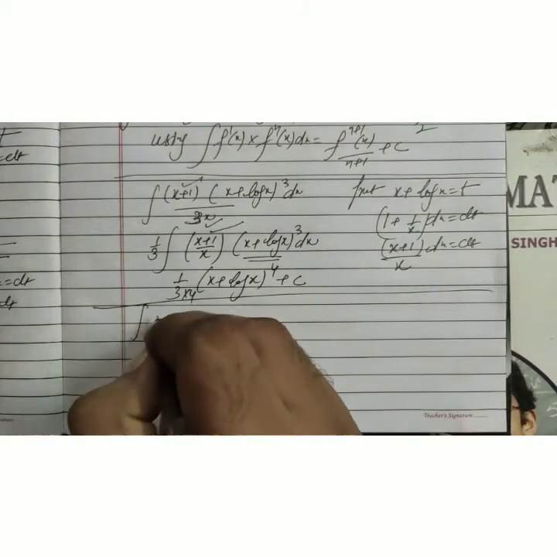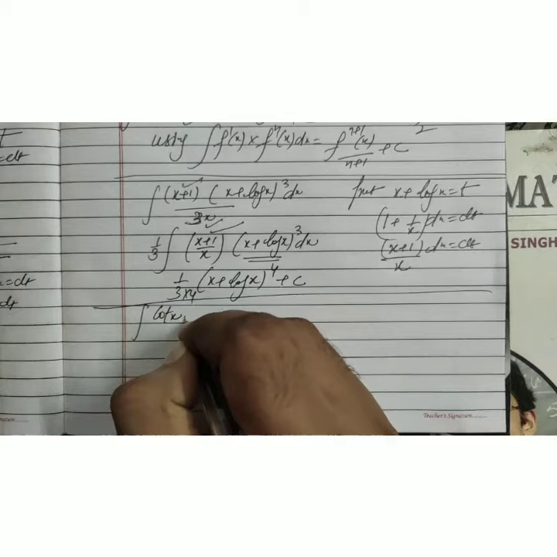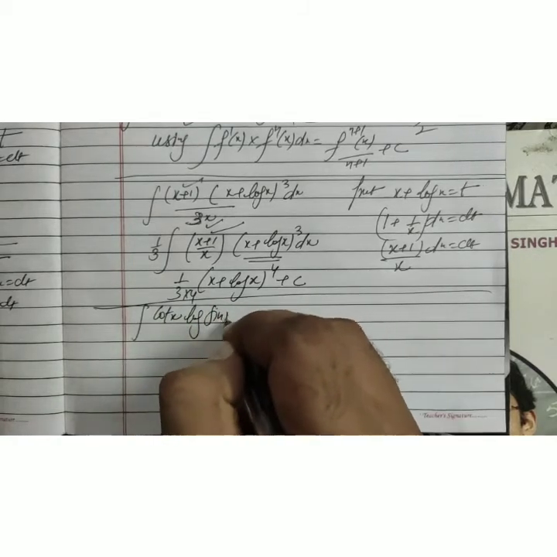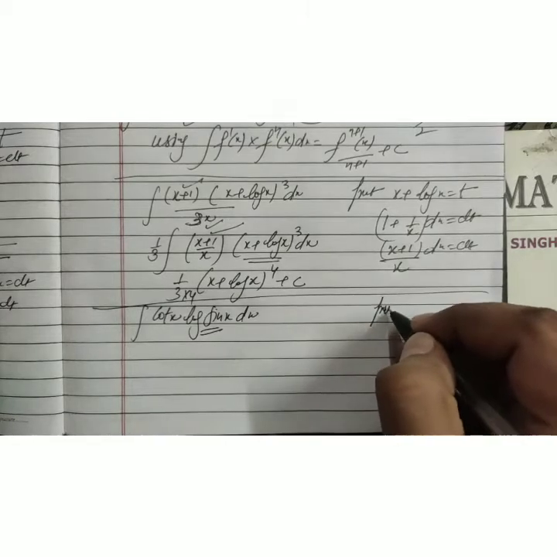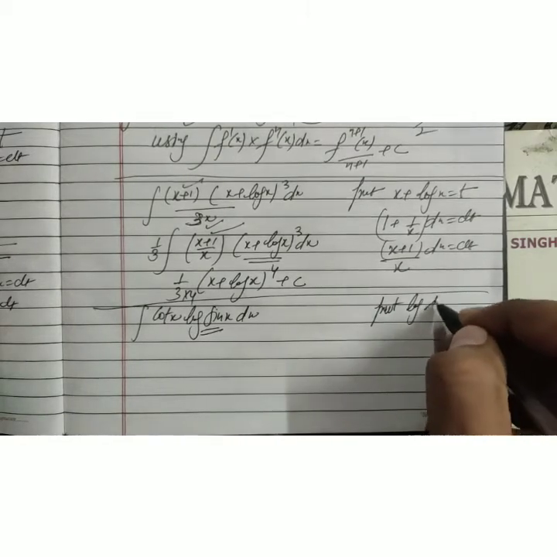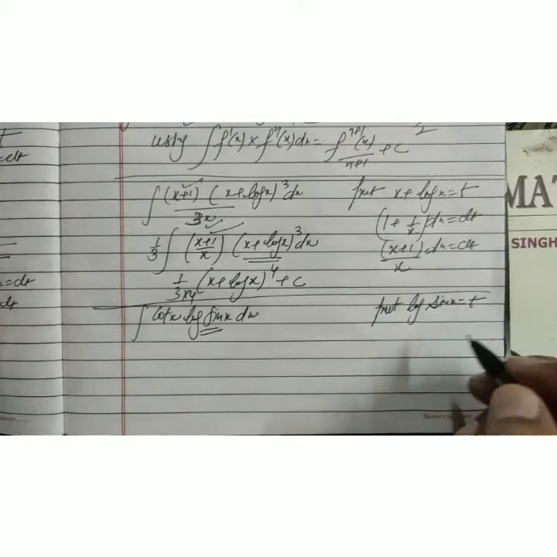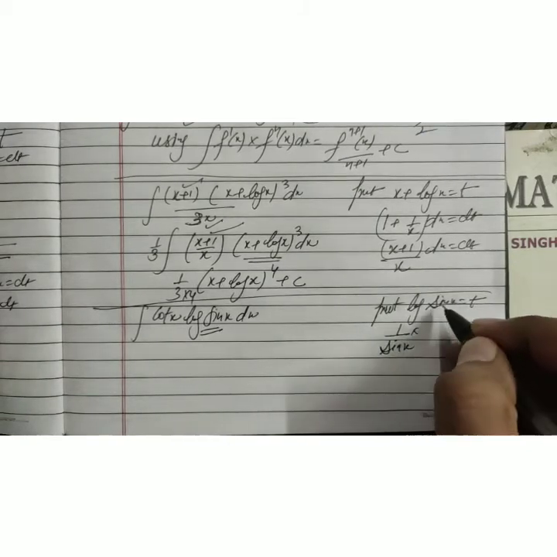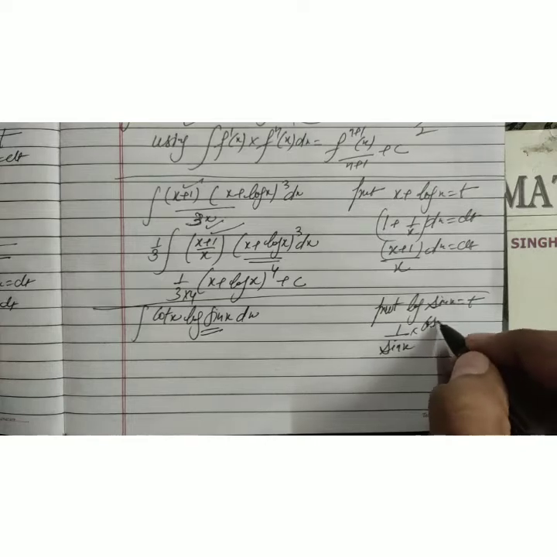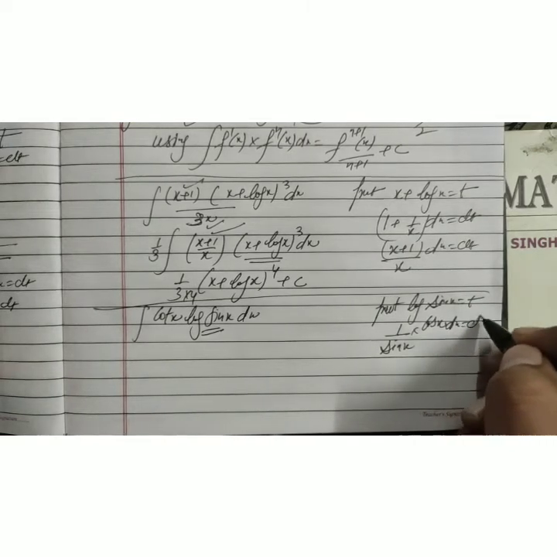Another example: integration of cotangent x with log of sin x dx. Again putting the log function, log of sin x, as t. The derivative of log becomes the reciprocal first, and then the derivative of the inner value, sin, that is cos x dx, is equal to dt.